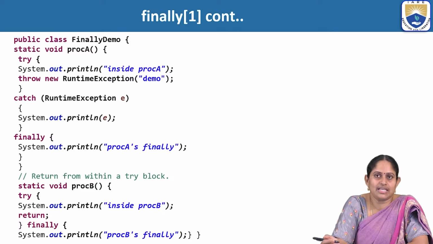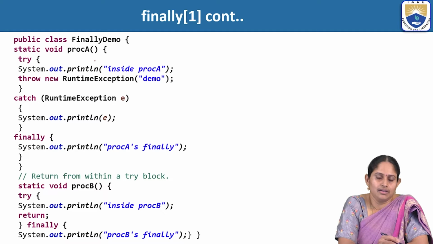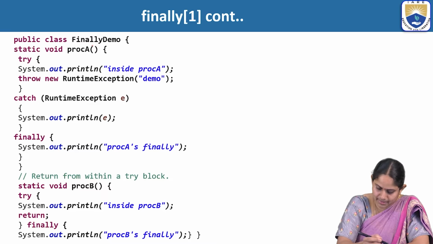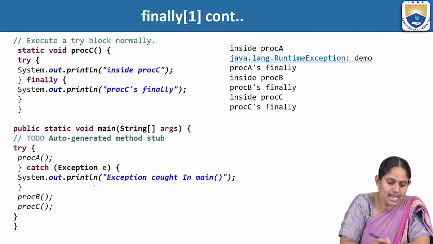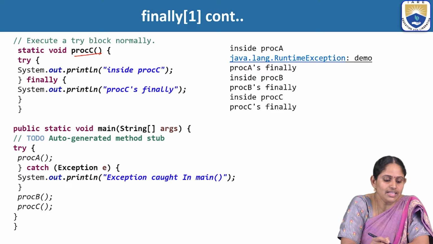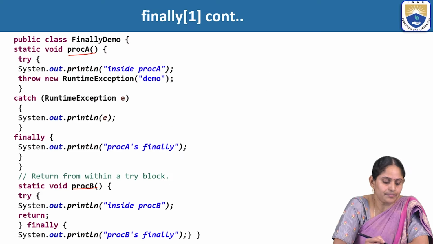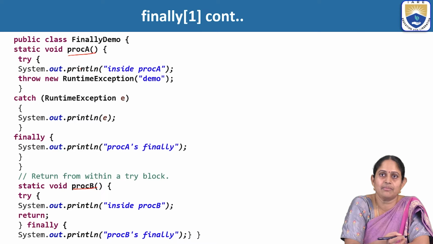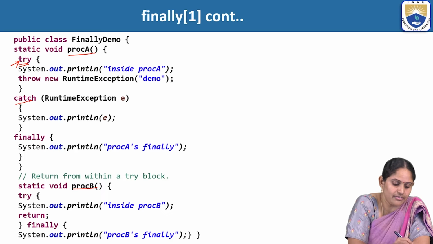Now let's look into an example, wherein we have 3 methods: procedure A, procedure B, and procedure C. All these are methods which have been called inside the main method, and they have some mechanism to handle the exceptions thrown. Inside procedure A, we have a try-catch block, which also has a finally clause.